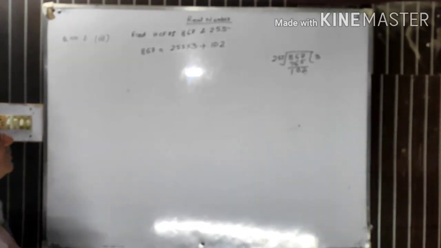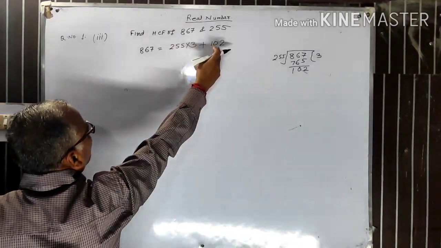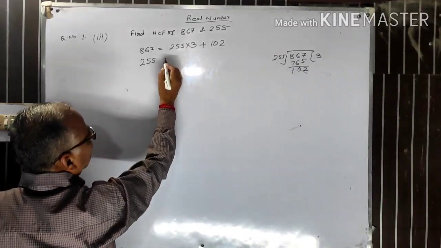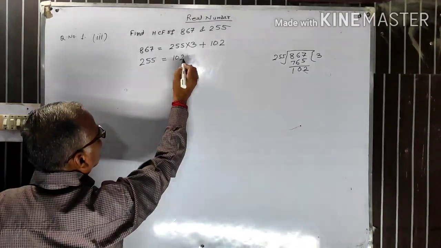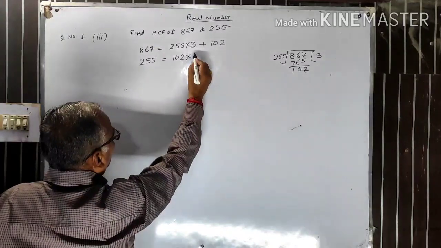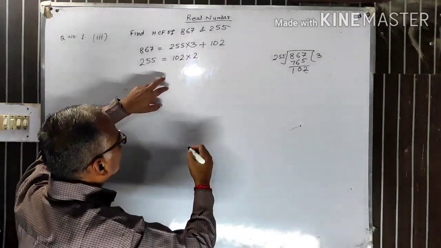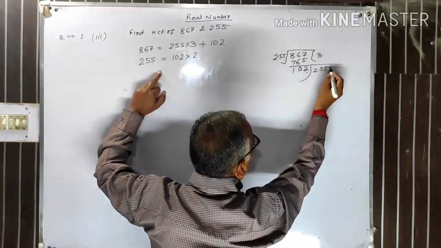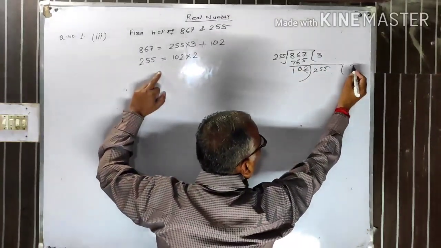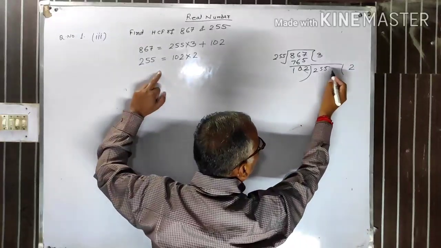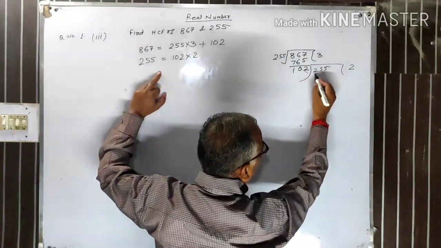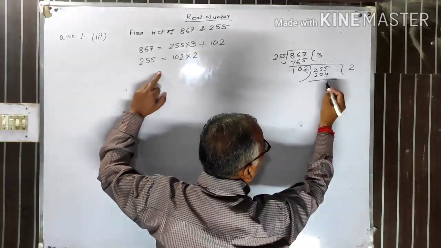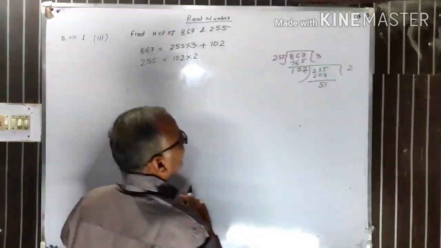Now you divide 255 by 102. Quotient will be 2. If we divide 255 by 102, it will go to 2 and it will be 204. 51 will be remainder.